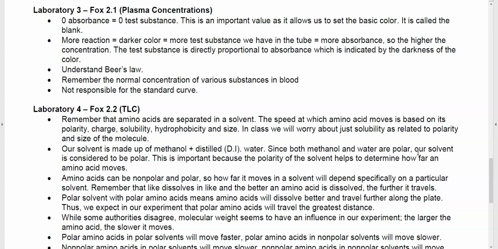The general scheme of things for laboratory is you get the calculations in lab. I will give you a calculation sheet in lab, or I'll have the calculation itself on the question. So in lab, you get them. In lecture, you won't. So I would expect you to know the equations in lecture.